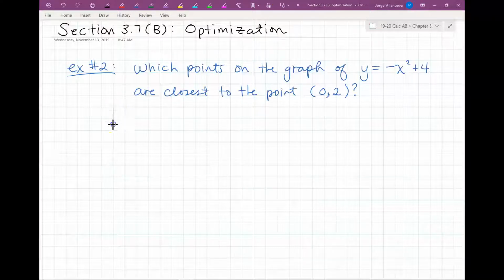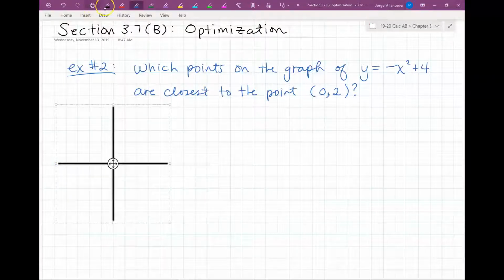Now just to draw a picture here. So we have 1, 2, 3, 4, 1, 2, 3, 4, just going around making a square graph of 4s. We know that negative x squared plus 4 should be a parabola opening down, starting at 4.